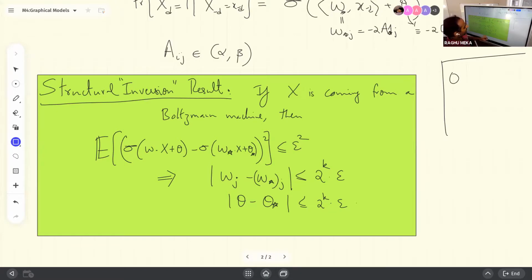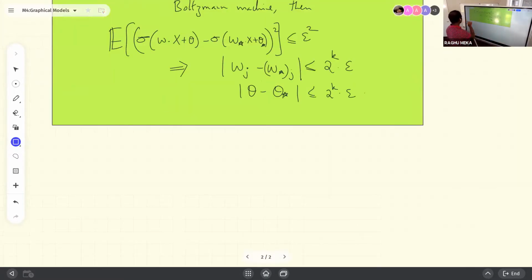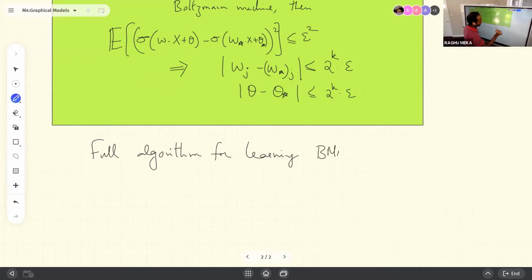So with this inversion result and sparsitron, you are now set to solve the Boltzmann machine problem, right? Basically, what would you do? So the full algorithm for learning Boltzmann machines.